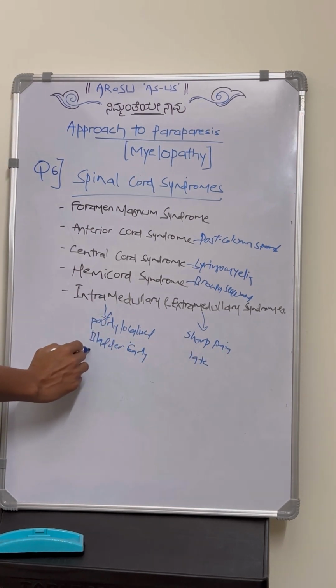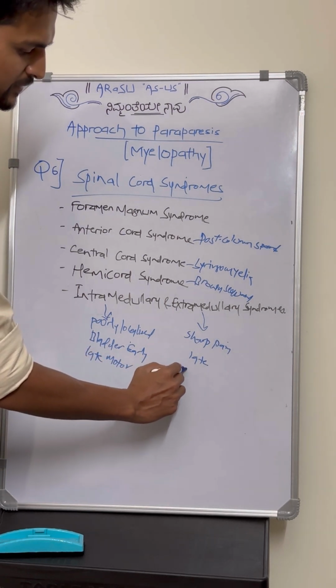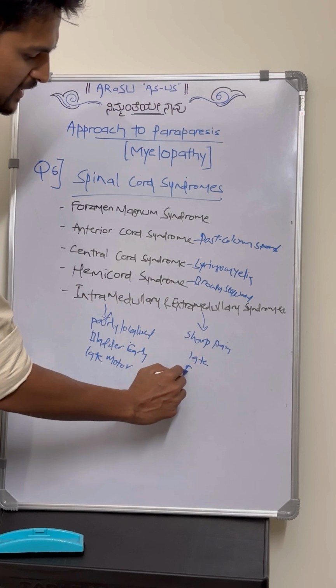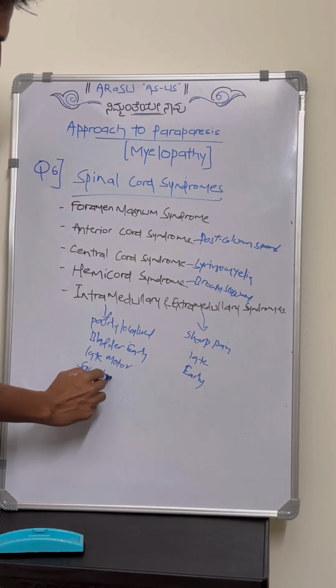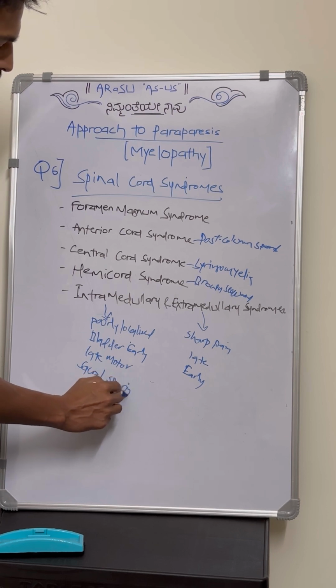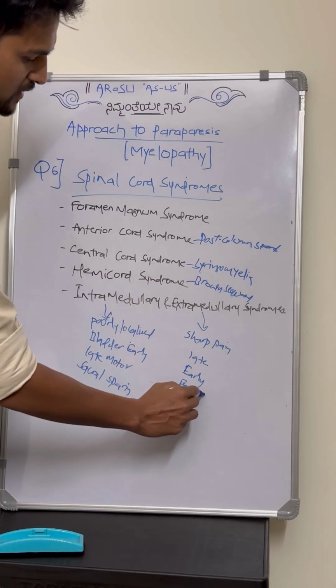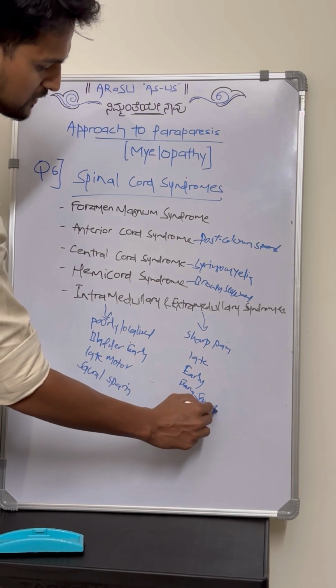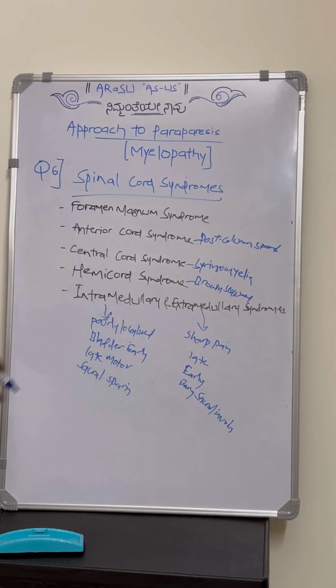But here, the motor weakness will be a late feature. Late motor involvement. Here the corticospinal tract or motor dysfunction will be early. Here we will see sacral sparing. Whereas in extramedullary, there is early sacral sensory loss, sacral involvement will be there. So this much we have to know.